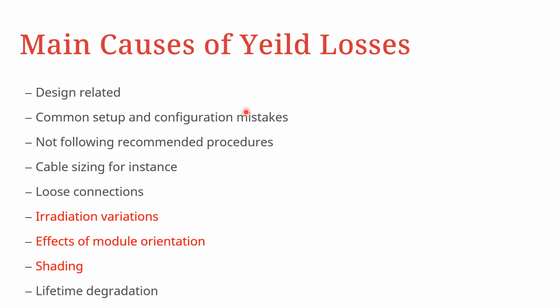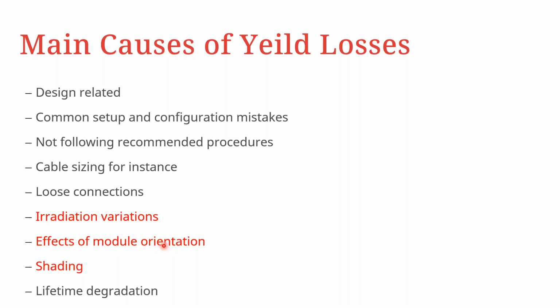Next, what are the main causes of yield losses? This can be design related, common setup and configuration mistakes, not following recommended procedures, cable sizing for instance, as well as loose connections and irradiance variations. If you've got high irradiance variations, it will greatly affect your yield, as well as the effect of module orientation.